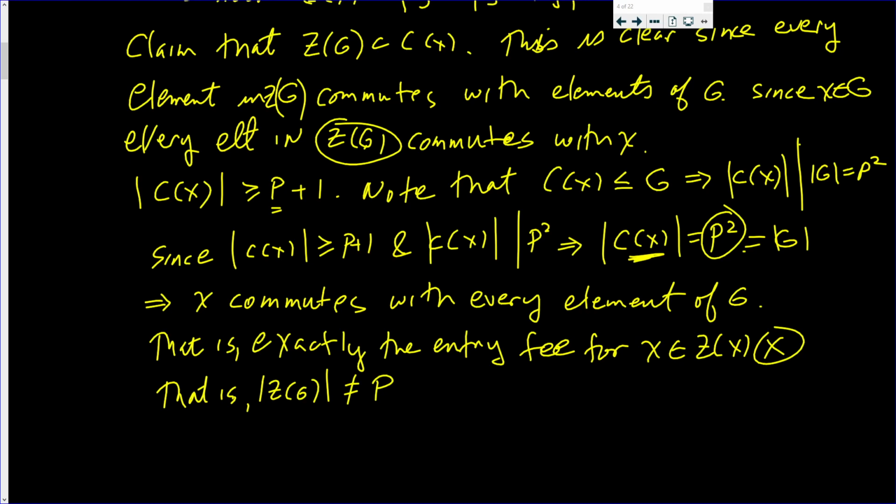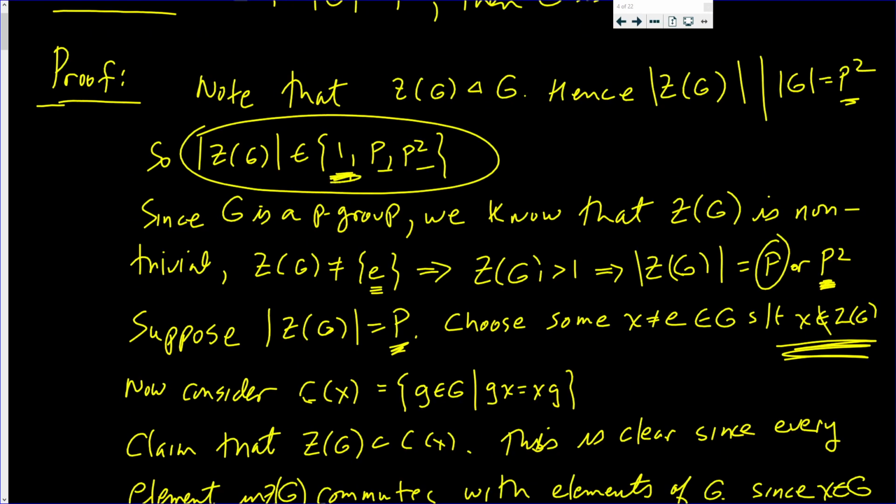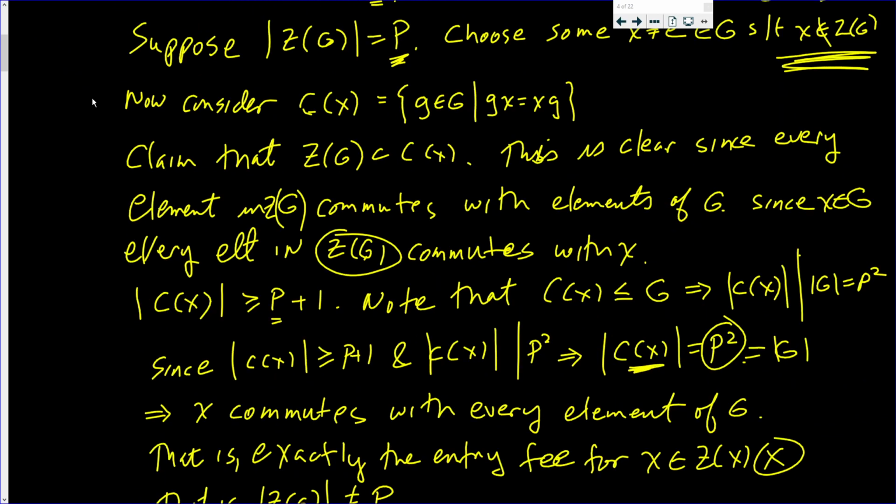Well, if the order of the center of G can't be 1, and it can't be p, then it must be p squared.